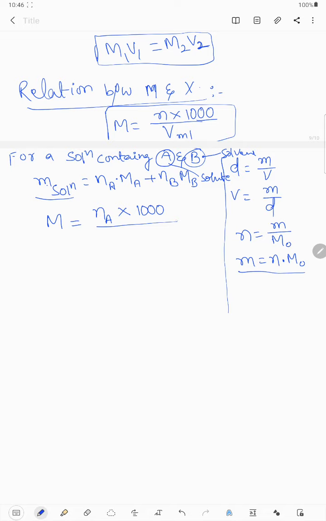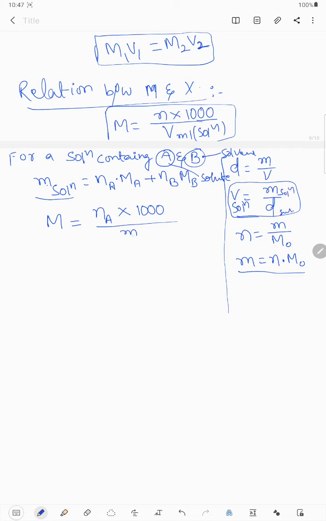Volume equals mass by density, the volume of solution, that is mass of solution and density of solution.